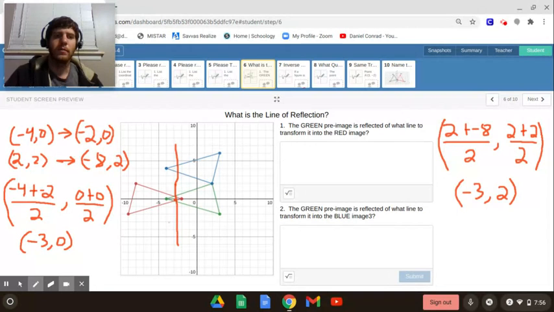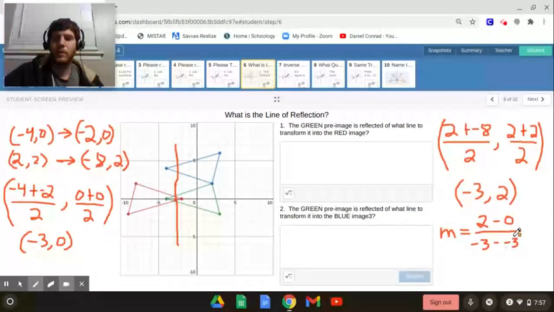But if you did want to find one that wasn't a vertical or horizontal line, you would take these points and find the line. You would use these points to find the slope, rise over run: 2 minus 0 over negative 3 minus negative 3, which becomes a plus.